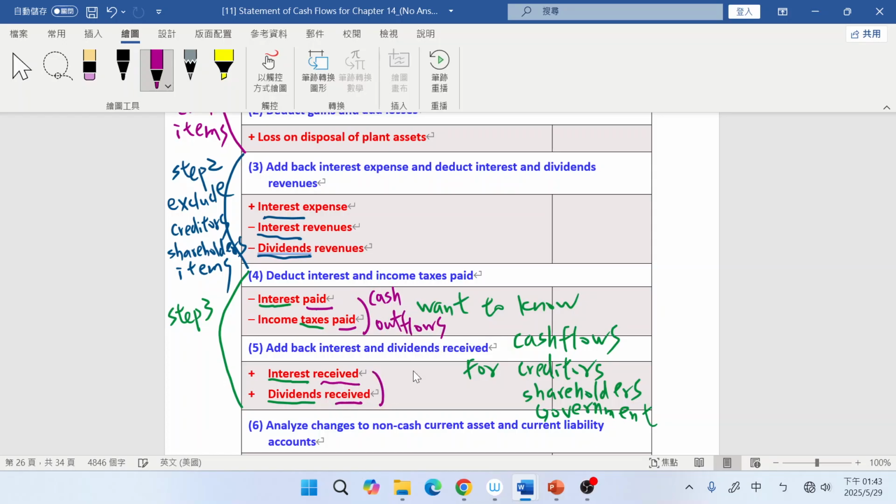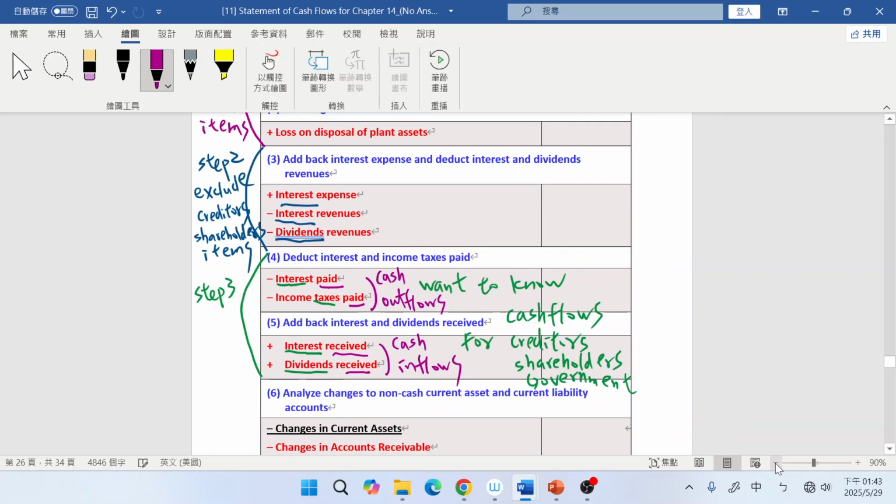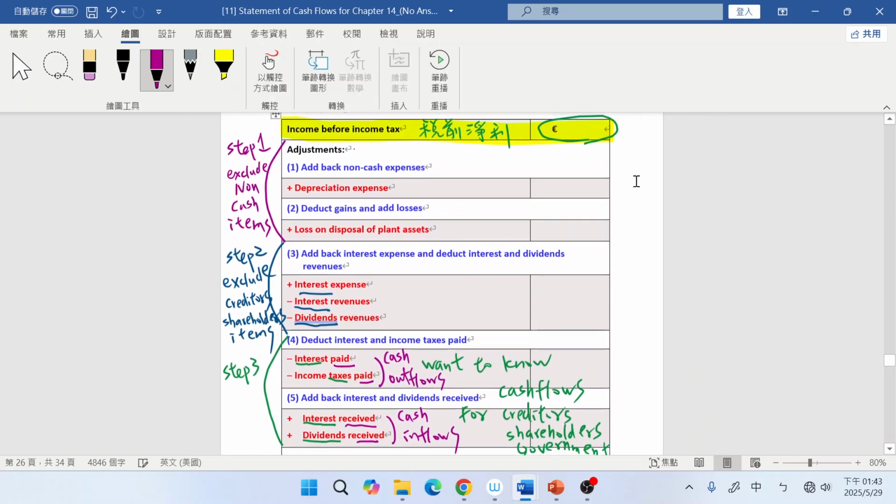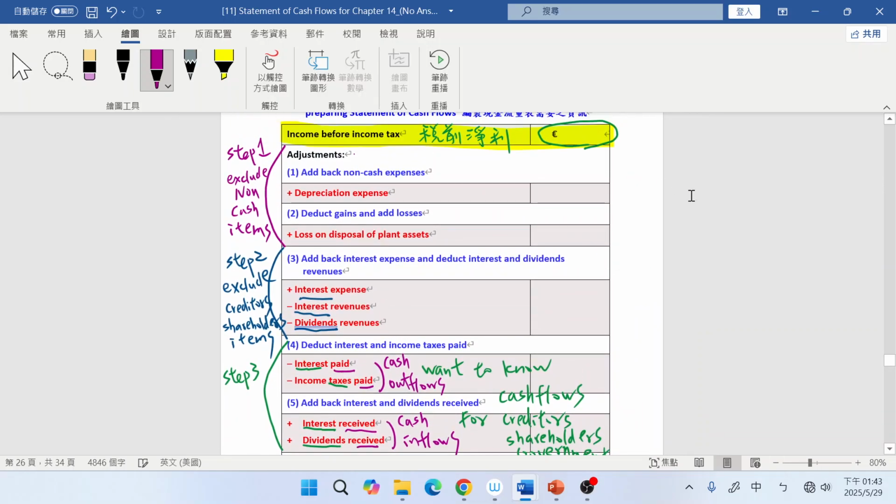So we want to know the cash inflows from these 3 big guys. Okay? So in the indirect method, here our start point is income before income tax. So we have step 2 and step 3, for these 3 big guys. Okay?